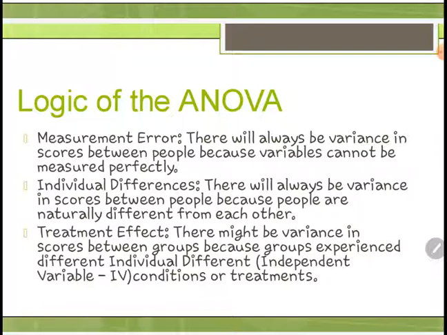Next one is we also have individual differences. So, there will always be variance in score between people because people are naturally different from each other. For example, nag-data gathering ka about sa products mo, halimbawa pagkain, and then nagpatikim ka sa kanila ng product na yon and then nagpa-rate ka kung ano yung kanilang panlasa tungkol dun sa products mo.